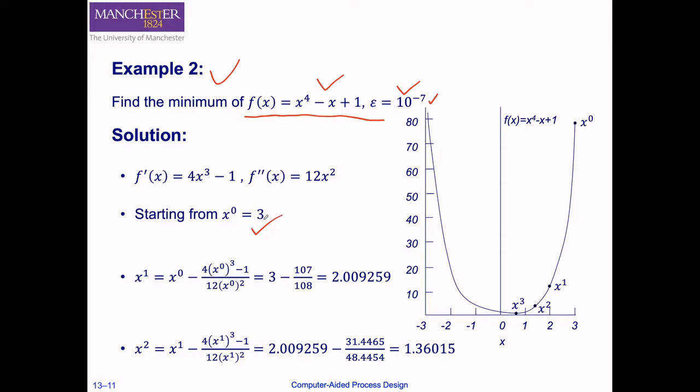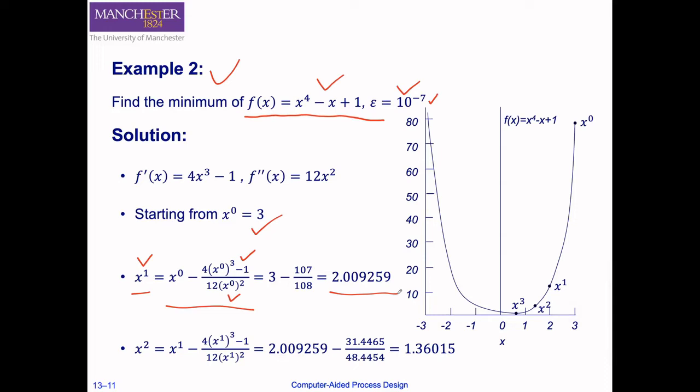At x is equal to 3, we need to evaluate the value of the first derivative and also the value of the second derivative, and use the formula to calculate a point for the next iteration. We calculate the point x1, which is equal to this number.